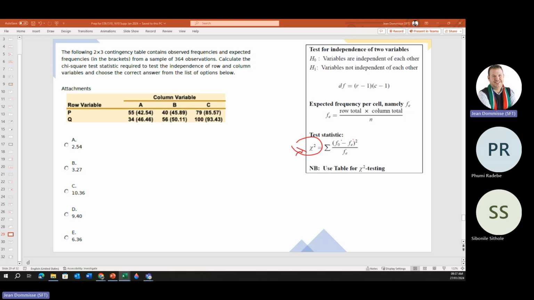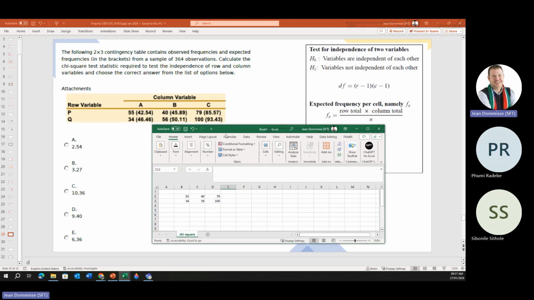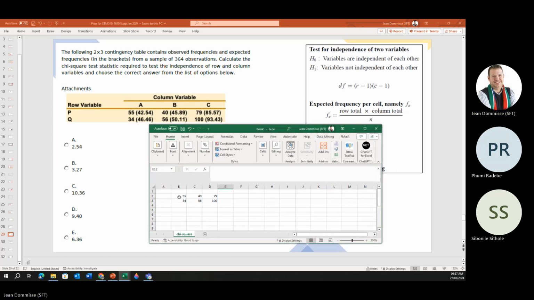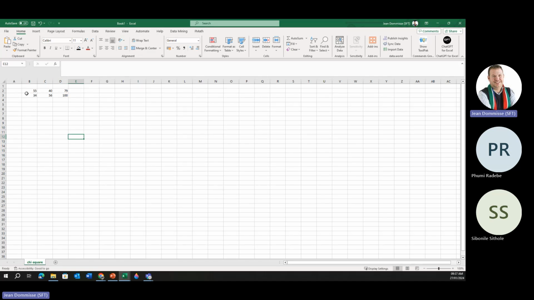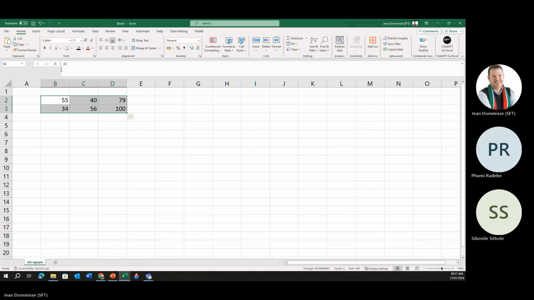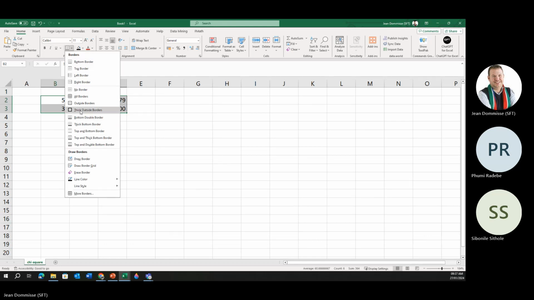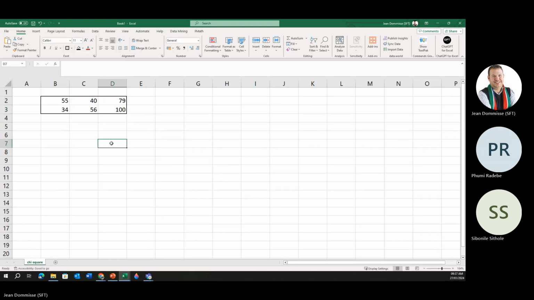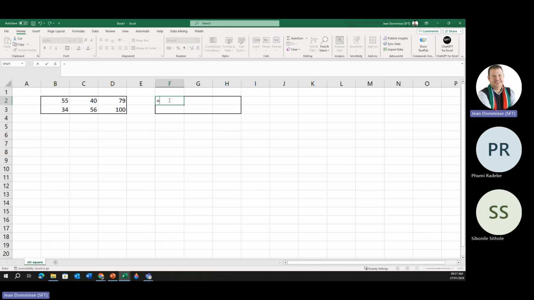Okay, all that I did, I just want to show you: 55, 40, 79, 34, 56, 00. So let's make it just bigger. Let's quickly put in what the expected values would have been.